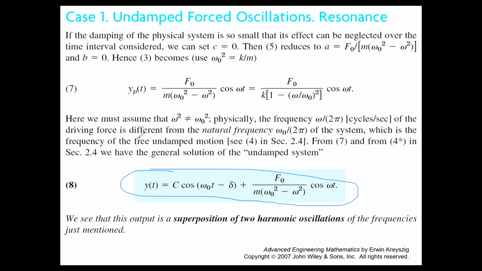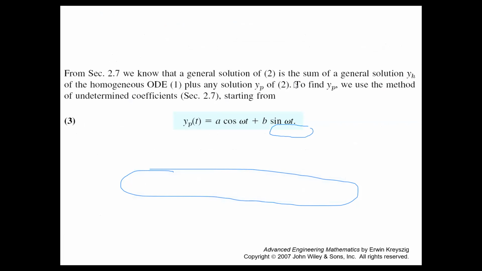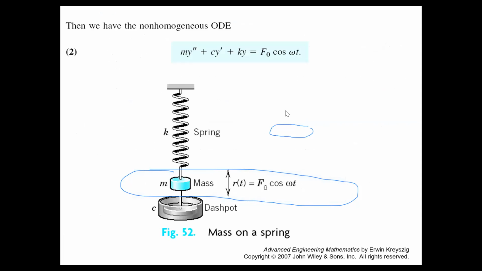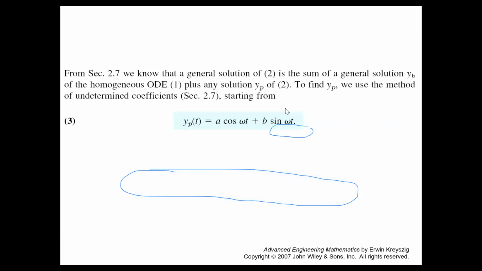Okay, and then there are some interesting points here when you have what we call the natural frequency, which is the value of W0 over 2 pi. W0 is obtained from the solution of the homogeneous one.